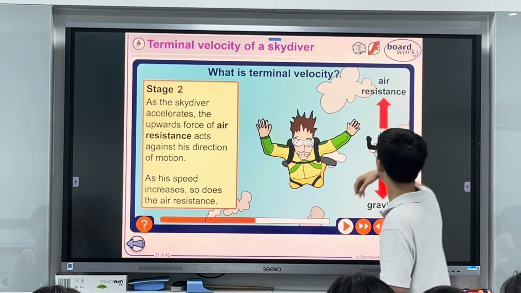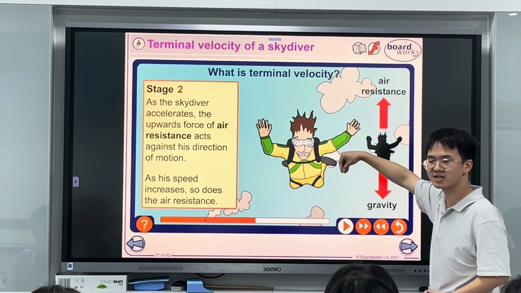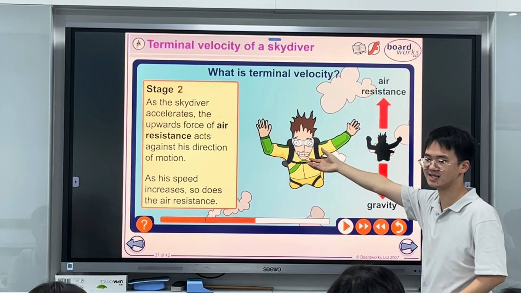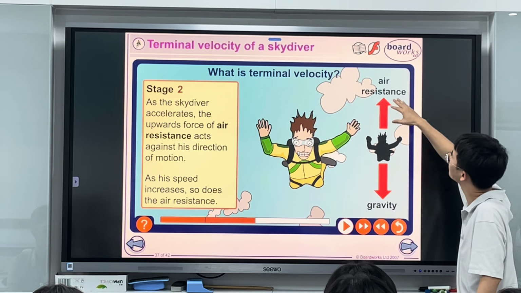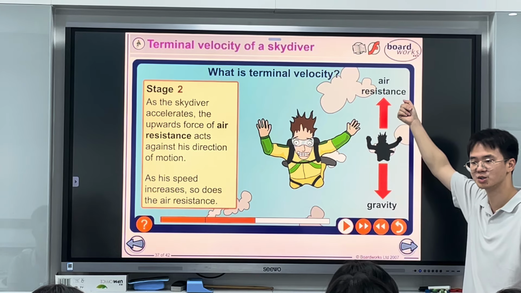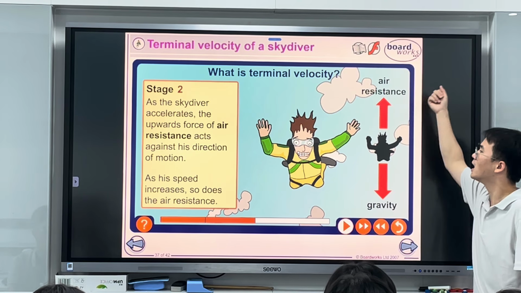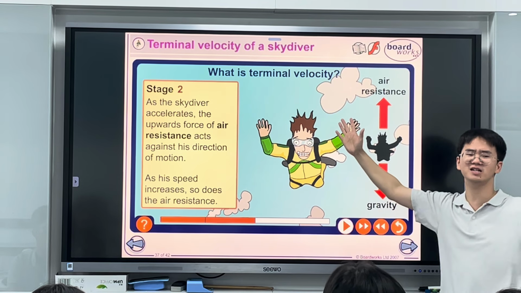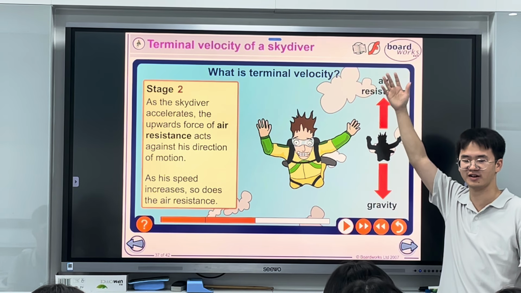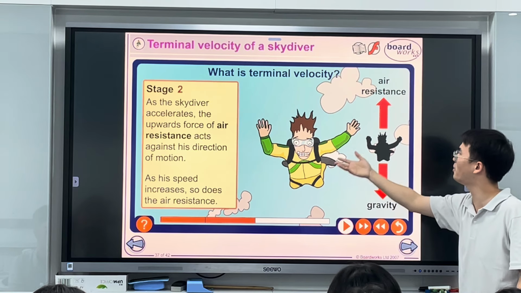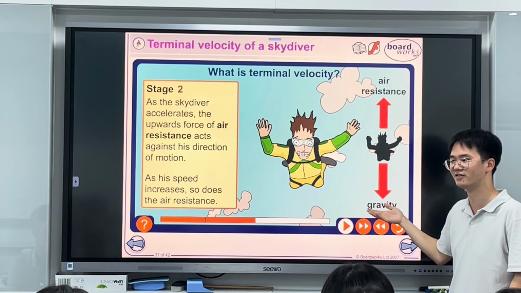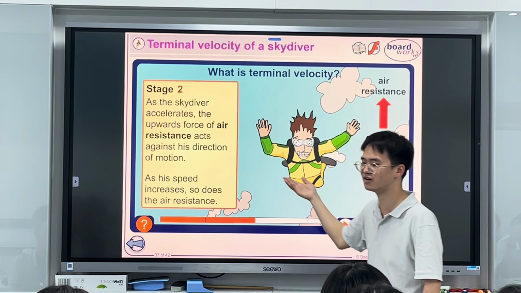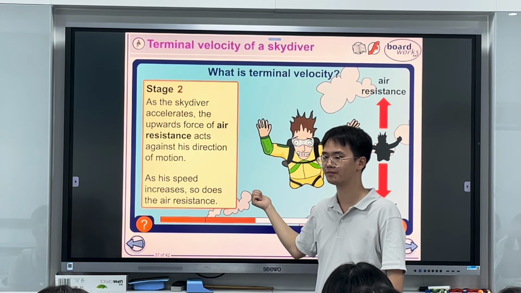During this time, the skydiver will keep falling faster and faster, and in the meantime air resistance also increases. Can air resistance increase infinitely? No, there's a point where air resistance matches gravity. Then what happens to the velocity of the skydiver?